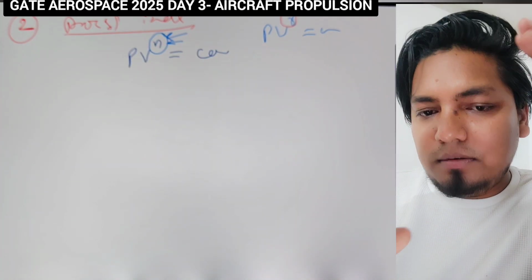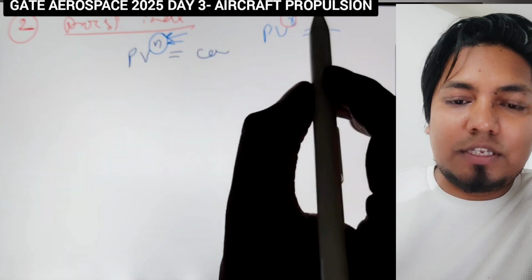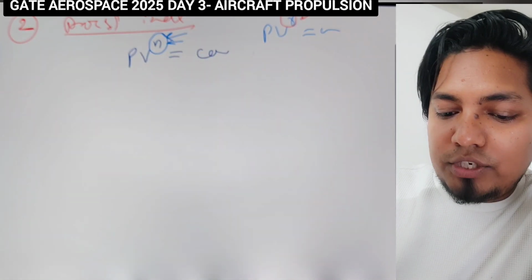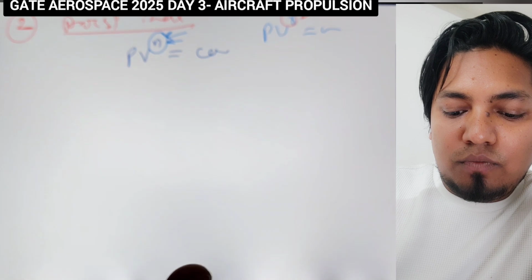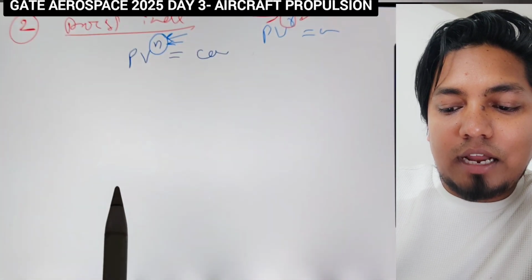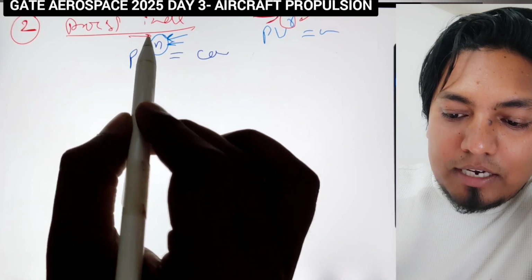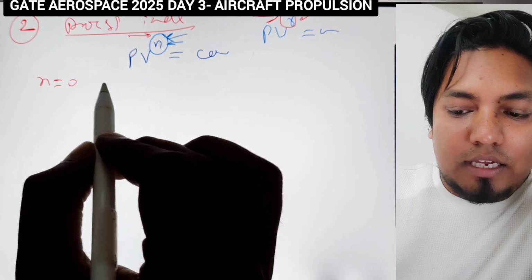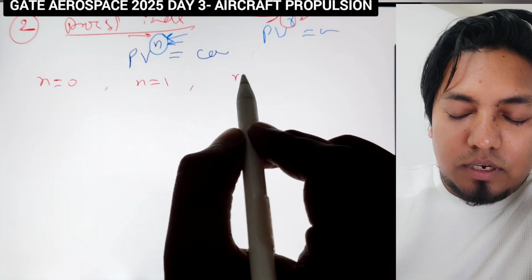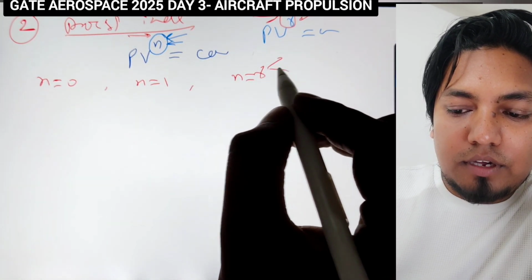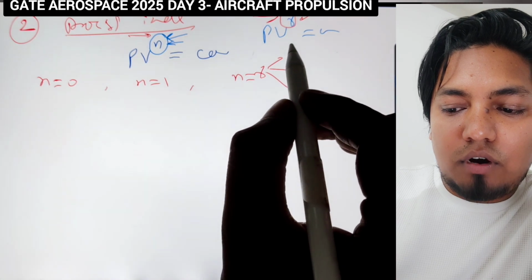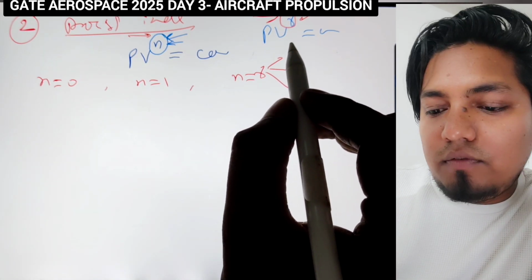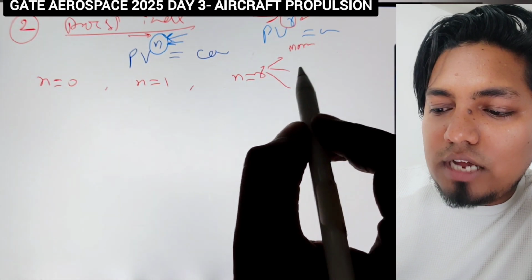So we have several processes based on this n. N can be 0, n can be 1, n can be equal to gamma. Gamma itself can be for monoatomic, for diatomic, for triatomic. For monoatomic, I have forgotten the gamma value.